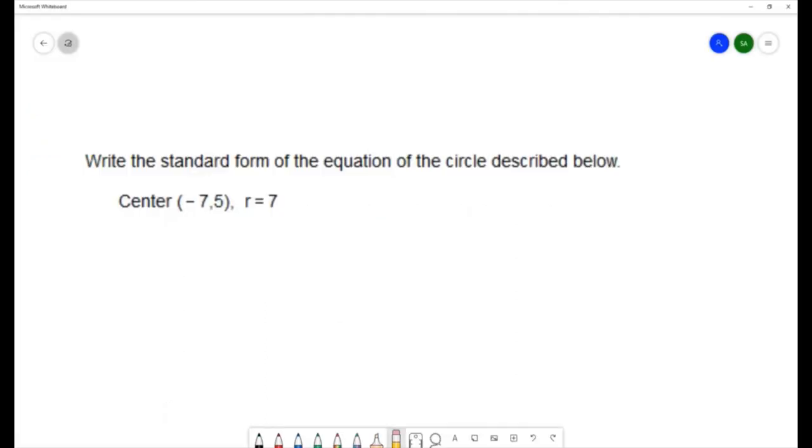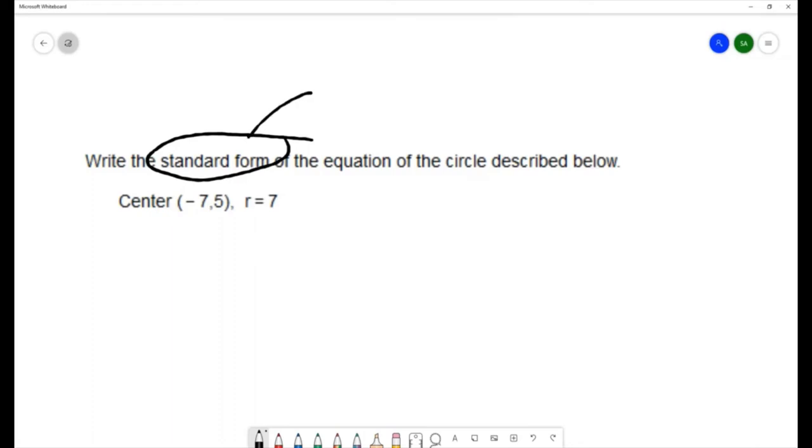For this question, we want to write the standard form of the equation of a circle described below. Our circle needs to have a center of -7, 5 and a radius of 7. In order to solve this problem, we need to know the standard form of a circle.